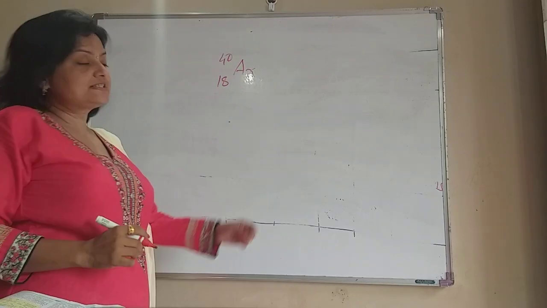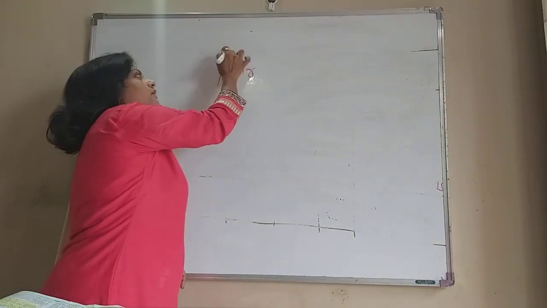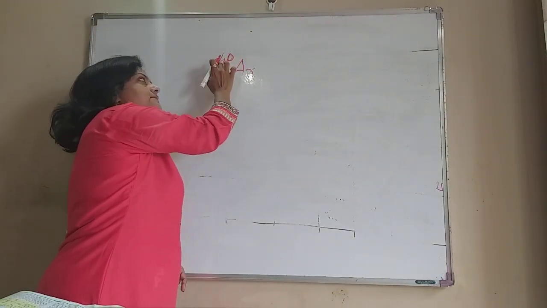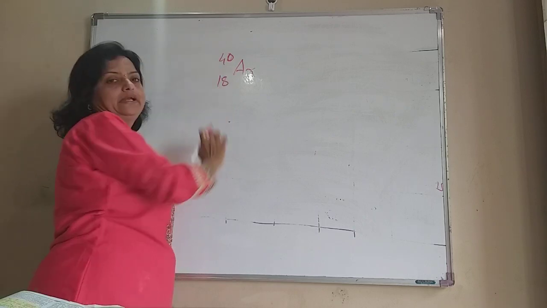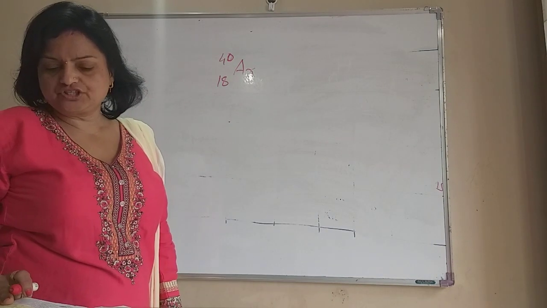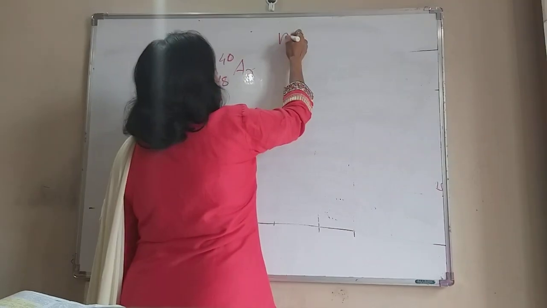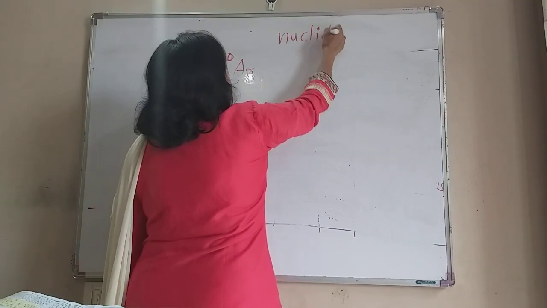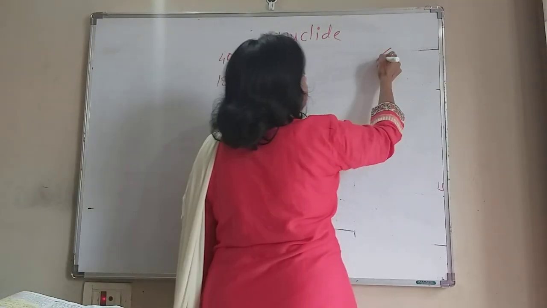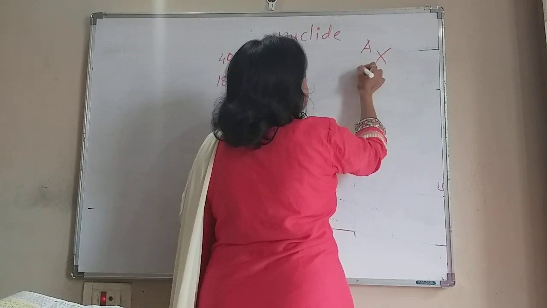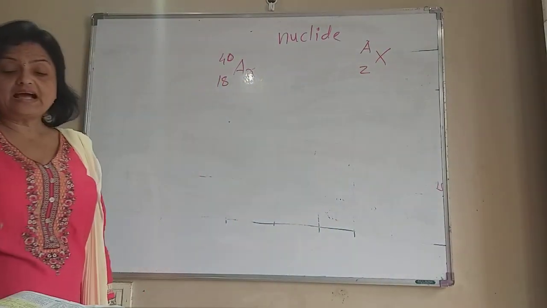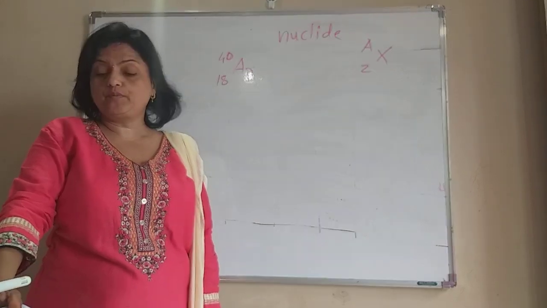If we write such a symbol for the element with the mass number and atomic number, then it is called a nuclide. Generally a nuclide is denoted in this way, A, Z. Now they ask us the question, problem number 4.1.